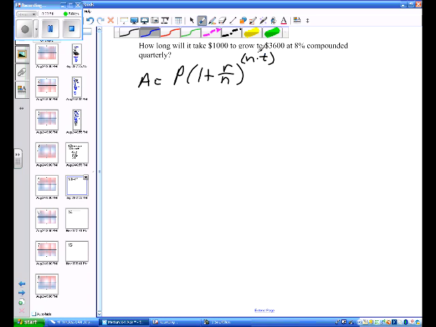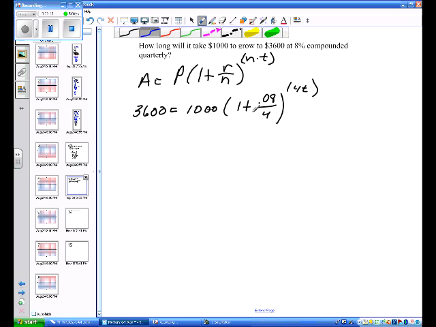Well, substituting in what we know, how much it's going to be, 3,600. We know we invested $1,000. We have this at 8% compounded quarterly. So what we're trying to do is solve for our exponent. We're wanting to know what t is.